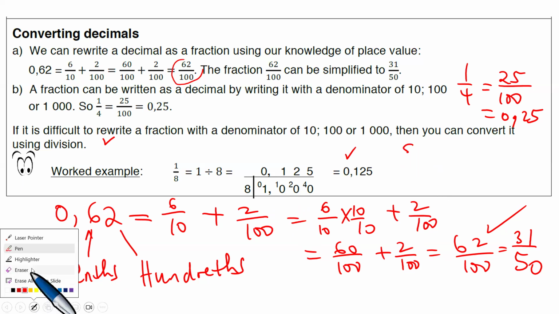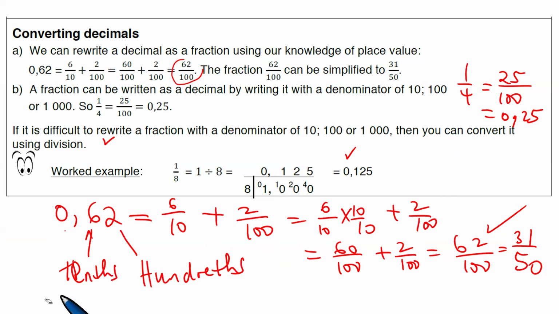Let's just do this together. Right, let us remind each other. You divide 1 by 8. How many times does it go? It goes 0 times, but you have remainder 1.